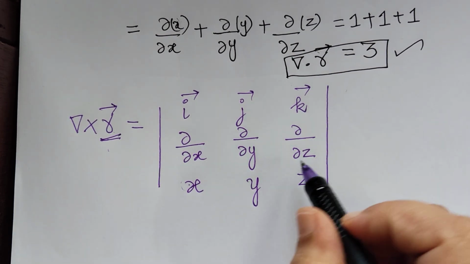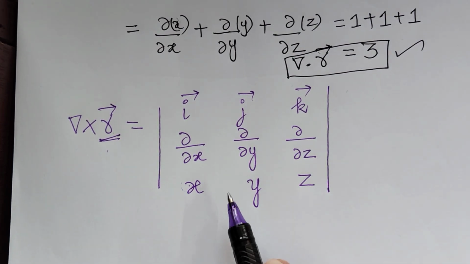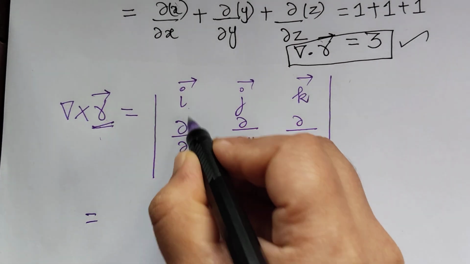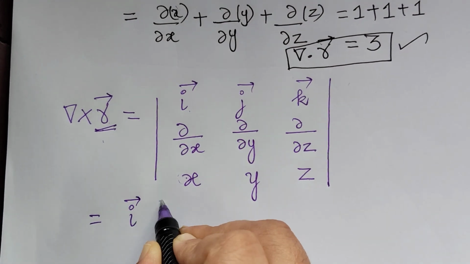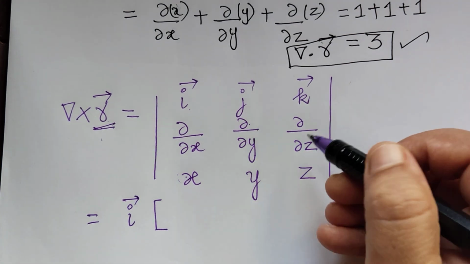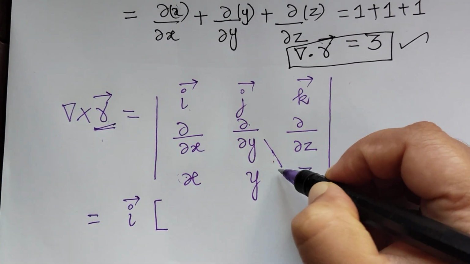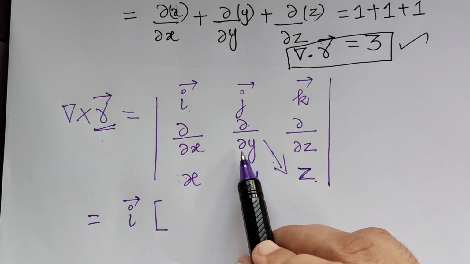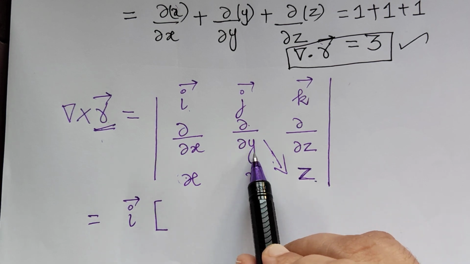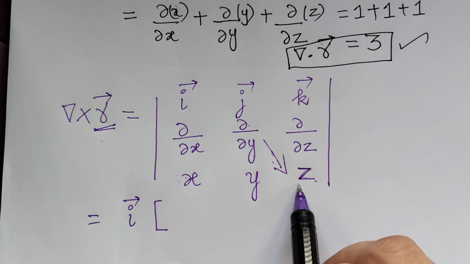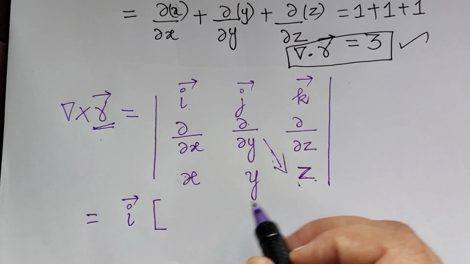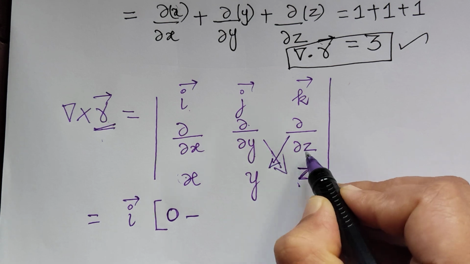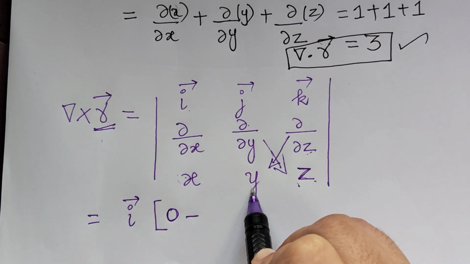Now we have to find the value of the determinant of this matrix. That is equal to, the determinant is given by i vector multiplied with dou by dou y of z. But we know that z will be treated as constant when partially differentiated with respect to the variable y. So dou z by dou y will become 0, minus dou by dou z of y.